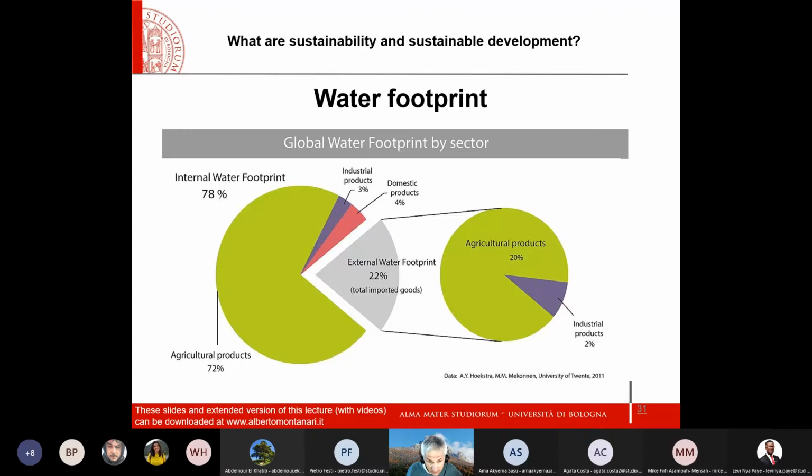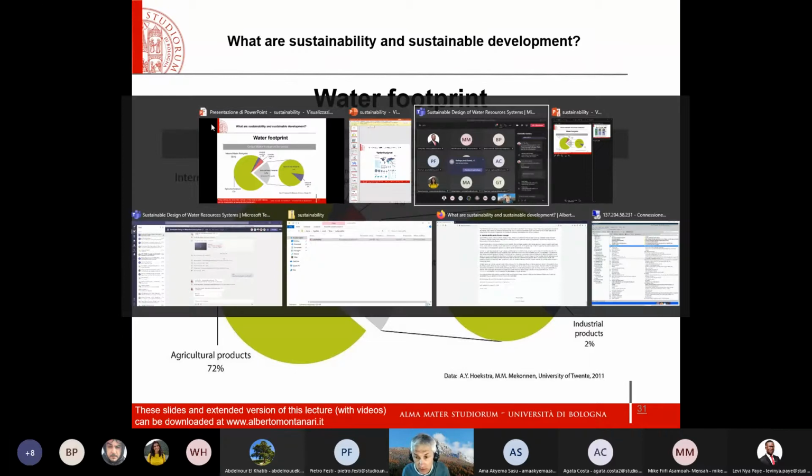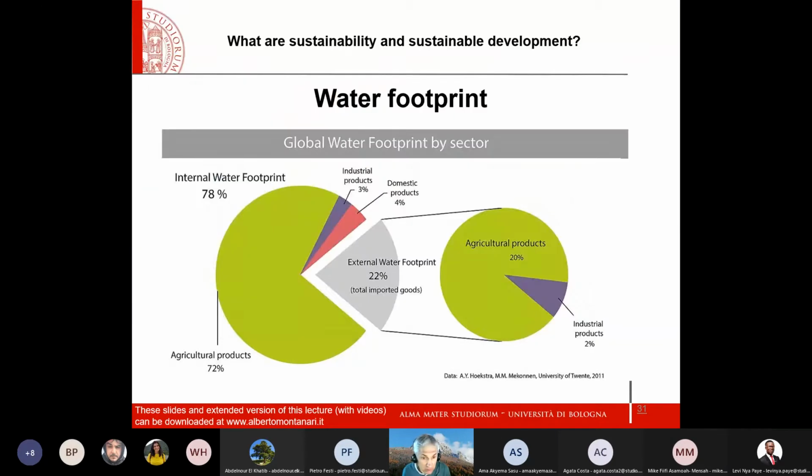This means that countries, in order to produce food, industrial products, and domestic products, use internal water for 78% of their needs, while the external water footprint amounts to 22%, which is the virtual water associated to total imported goods.